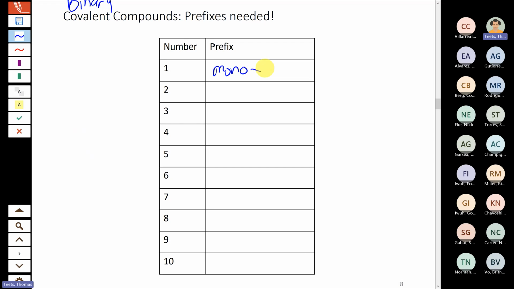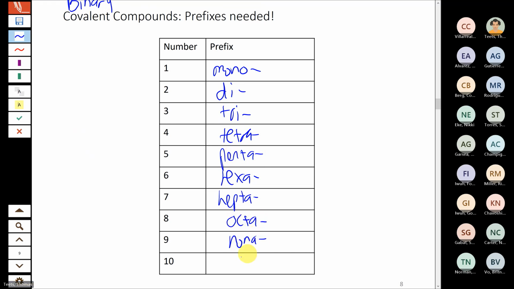So mono for one, di for two, tri for three, tetra for four, penta for five, hexa for six, hepta for seven, octa, nona, and deca. We don't see numbers that big very often, but they can show up.